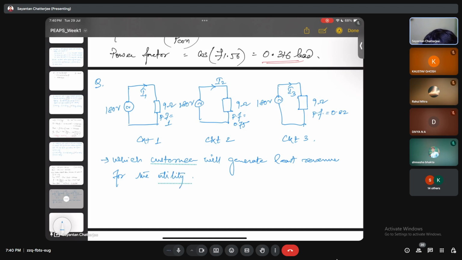Considering or assuming electricity is generated based on energy consumption.